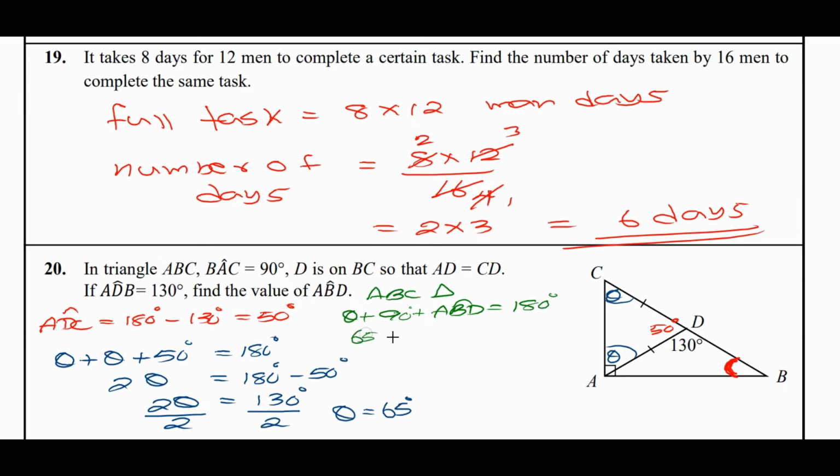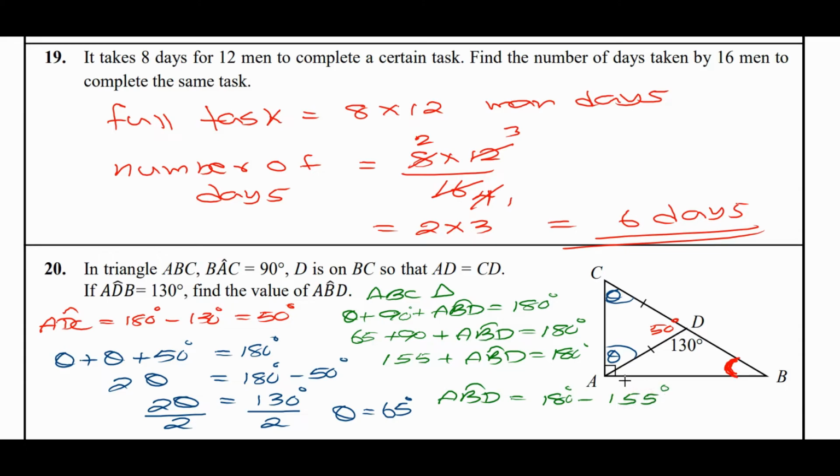Theta is equal to 65, so 65 plus 90 plus ABD equals 180. 90 plus 65 equals 155, plus ABD equals 180. Then we can easily get ABD equals 180 minus 155. Then ABD should be 25 degrees.